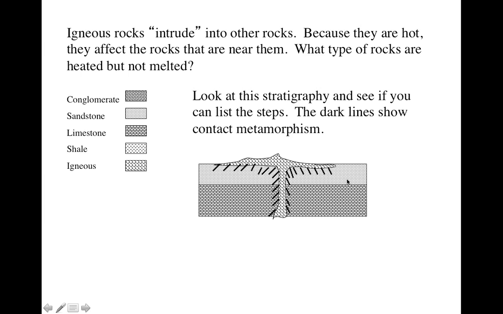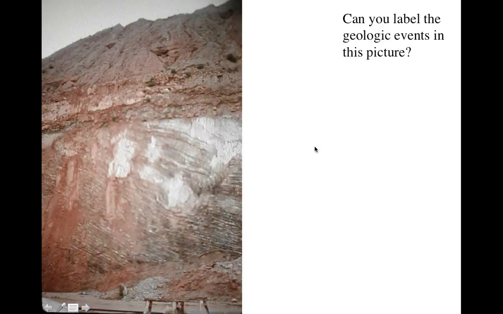And what happened fourth? That's the contact metamorphism. Kind of happened almost at the same time as this. Probably took a little longer for these rocks to change, though, than it took for this magma to come in, and then this lava to fill in on the top. Okay, so what type of rocks are heated but not melted is metamorphic. It goes sandstone, limestone, igneous, the volcano.